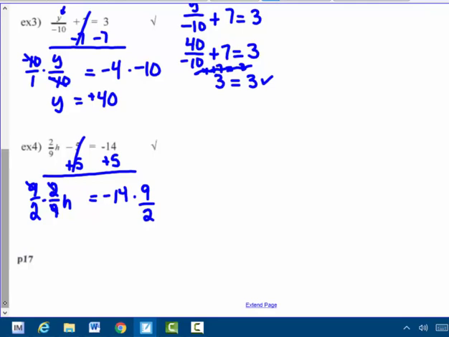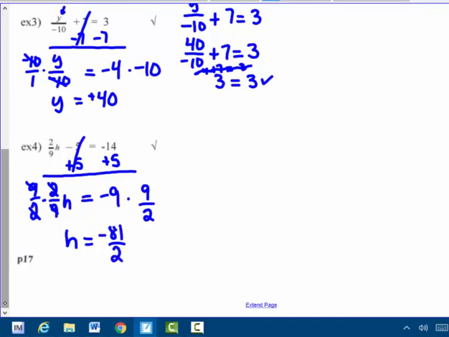My 9's cancel, my 2's cancel, and I get h equals, I did not write the right answer there. Thank goodness I caught that. Negative 14 plus 5 is negative 9, silly. Negative 9 times 9/2 is negative 81/2.